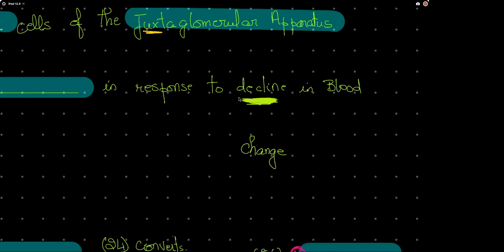The kidney is mainly responding whenever you have a decrease in the blood pressure, because you have another organ that is going to be taking care of the blood pressure in case of a rise. Whenever I have an increase in my blood pressure, the heart is the one that's going to be responding to this, not the kidney.